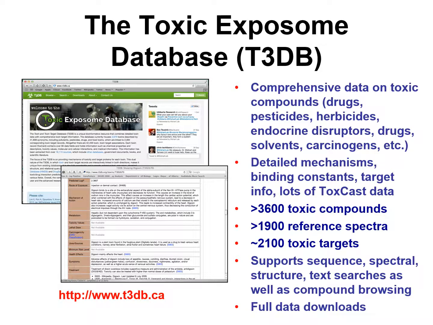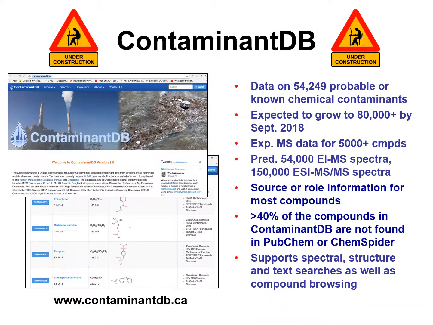So this is covering generally compounds that are very low abundance, but certainly are known to be and have been found in humans and other animals. So right now it tracks about 3,600 compounds, has a lot of reference spectra, also has lots of information about their targets. So these are examples of databases covering the compounds that we expect or know should be in human beings or animals or fish or amphibians or in our environment.